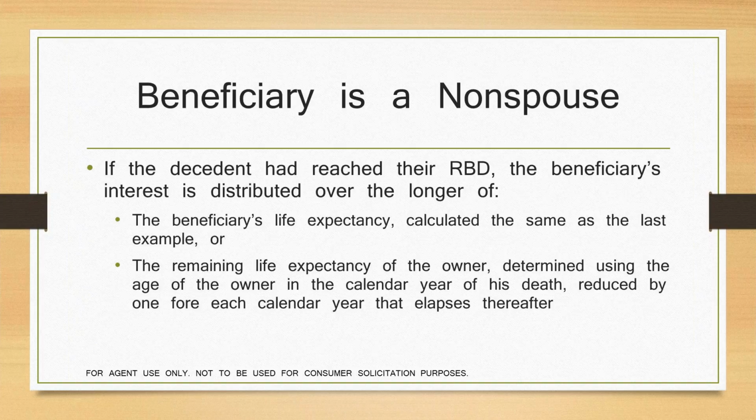One thing to note, too, is that if the beneficiary is a similar age or older than the original account owner, you have the choice of stretching based on either the beneficiary's life expectancy using the single life table or the decedent's remaining life expectancy at the time of death using the single life table. It seems a little bit counterintuitive to use the life expectancy of somebody who has already passed, but there you go.